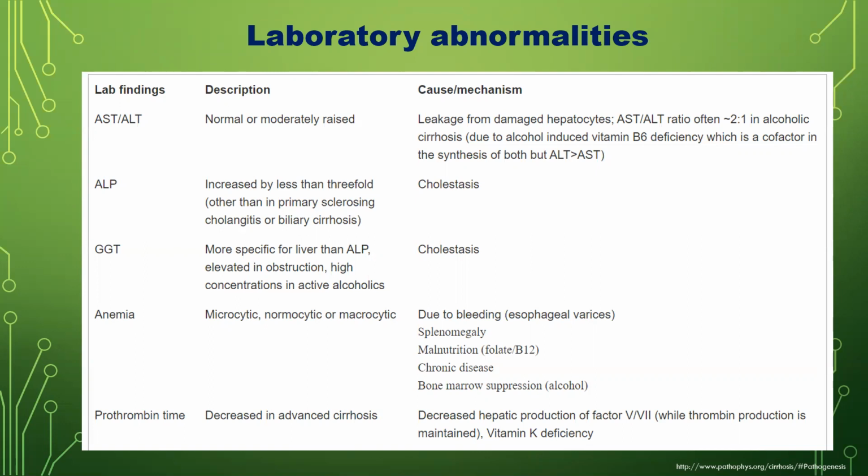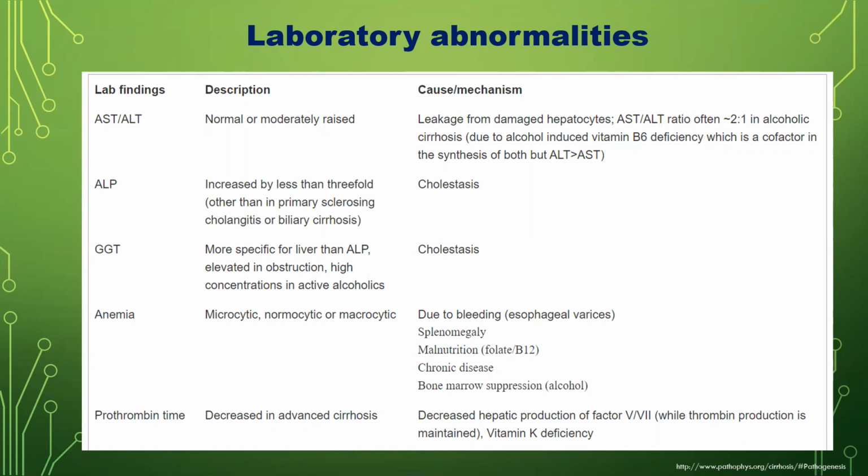Anemia is usually microcytic, normocytic, or macrocytic, depending on the cause. It may be hemorrhagic due to bleeding, or folate or B12 deficient, in which case it is macrocytic. Malnutrition is also a complication of cirrhosis.